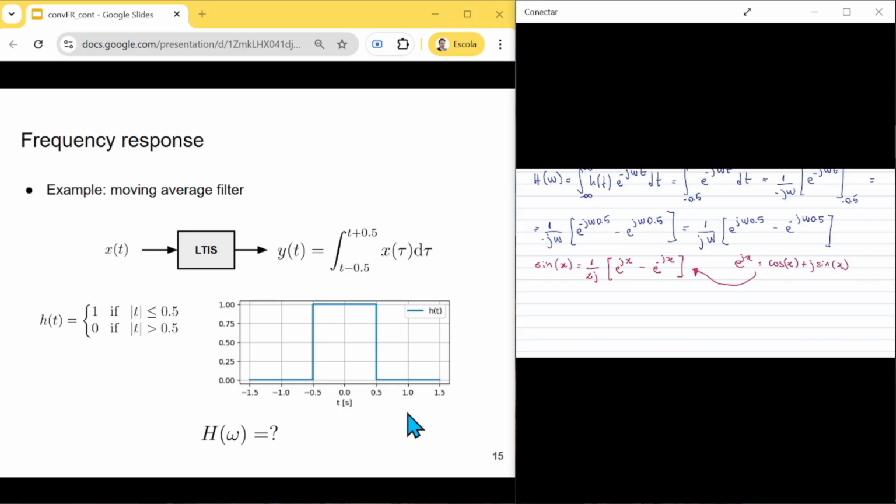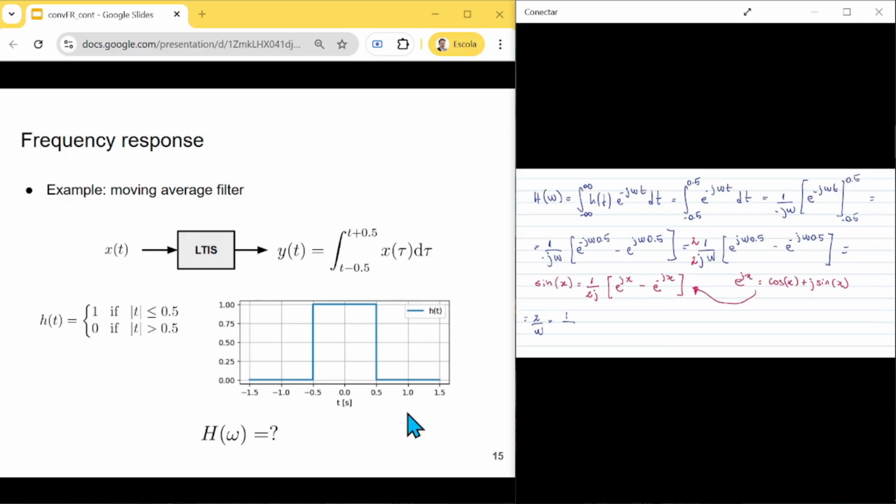Back to our subtraction there. We'll have to make a number 2 appear here, right? So we will multiply by 2 over there. So we have 2 over omega times 1 over 2j and the 2 exponentials. And here we can see that this is a sine, right?